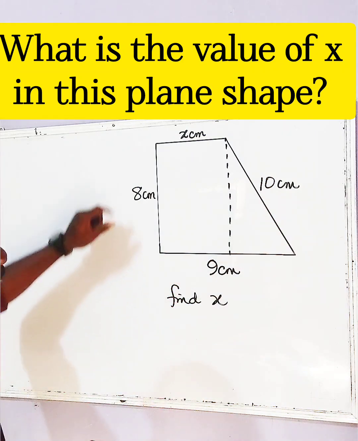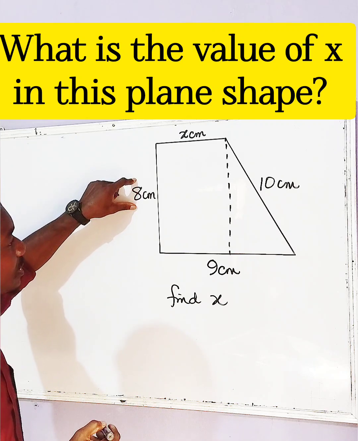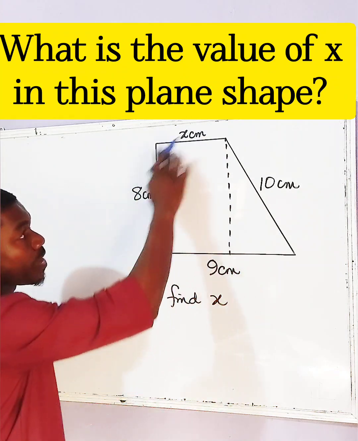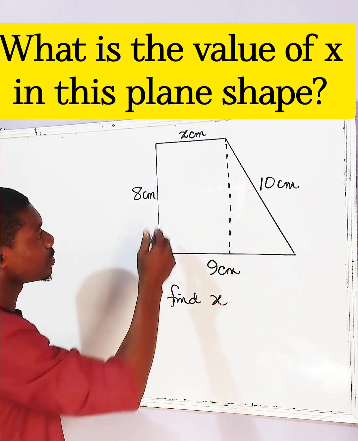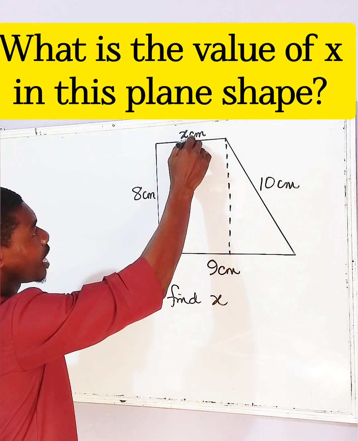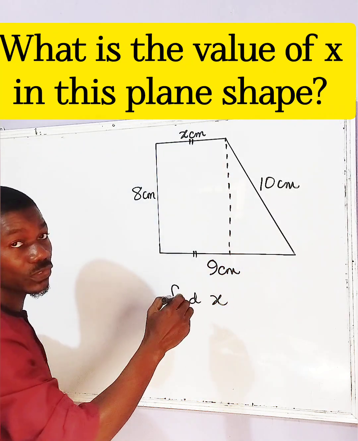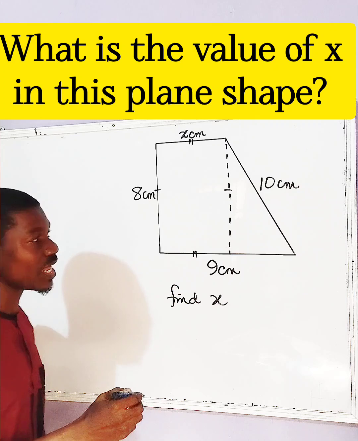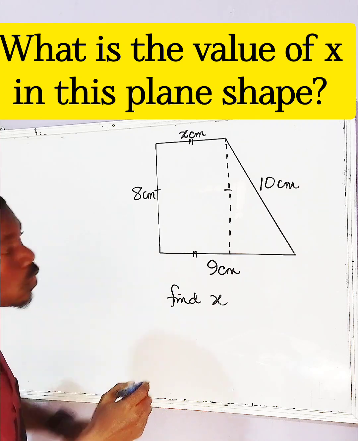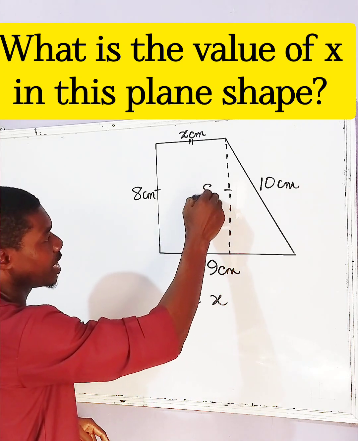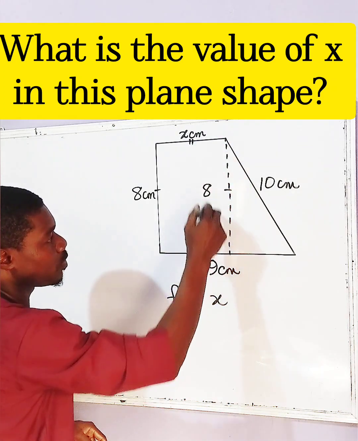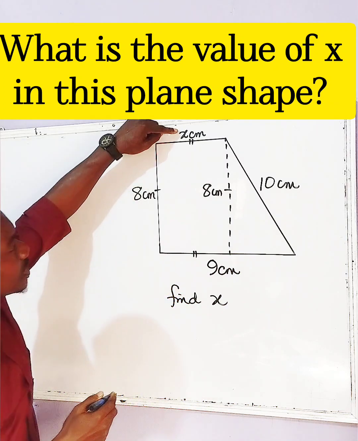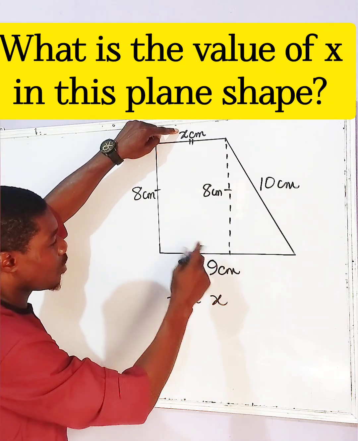Since here is 8 centimeter, and we know from every rectangle, this side is equal to this side, and this side is also equal to this side. If this rule holds here, it implies that from this point to this point is 8 centimeter, and from here to here will also be what?